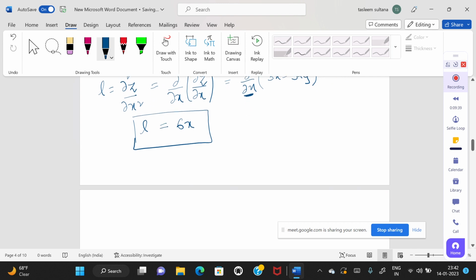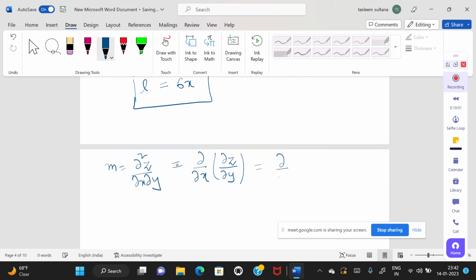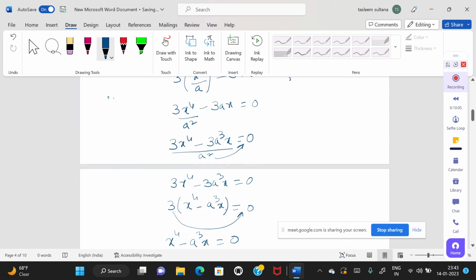Similarly, your m is equal to ∂²z/∂x∂y, which we can write as ∂/∂x of ∂z/∂y.